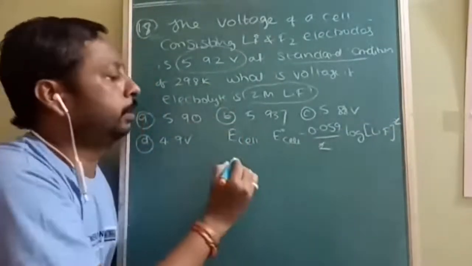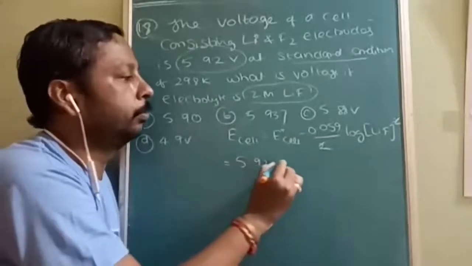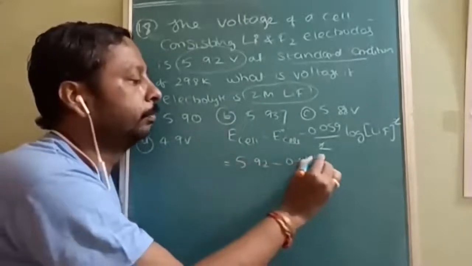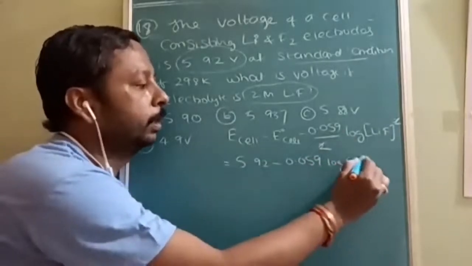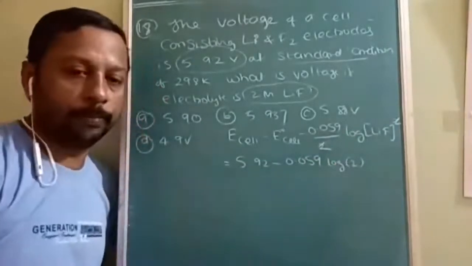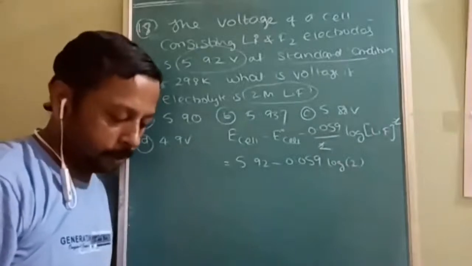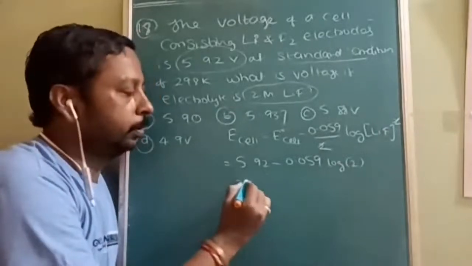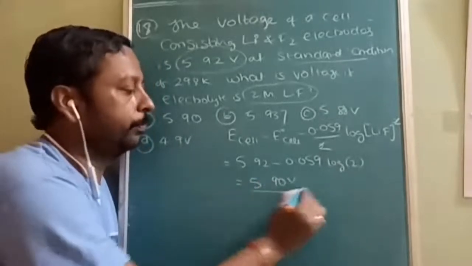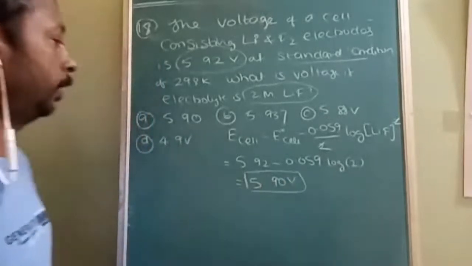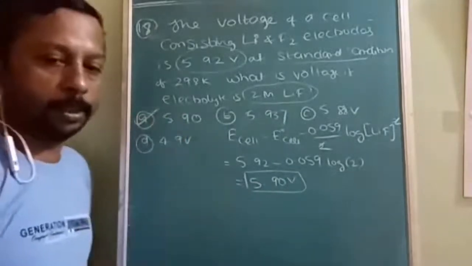E naught cell is 5.92 minus 0.059 into log of concentration of Li, given as 2. Log 2 is 0.3010. After simplifying, you will get 5.90 volt. So the answer is 5.90. That is option A, correct.